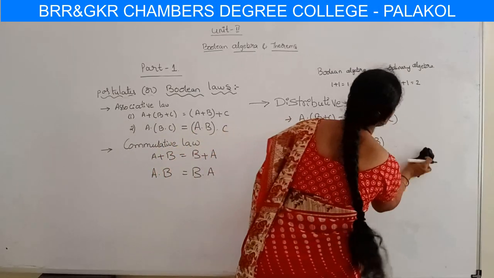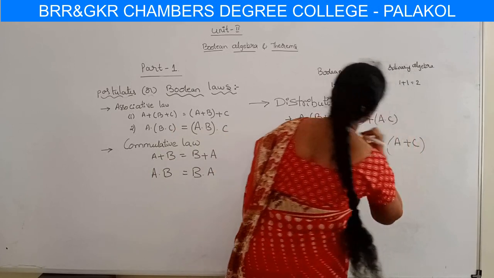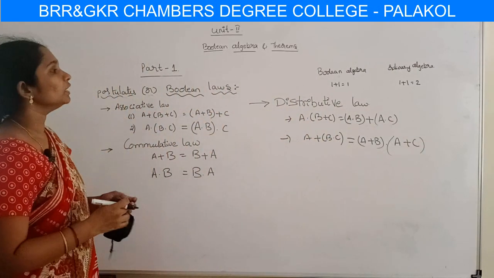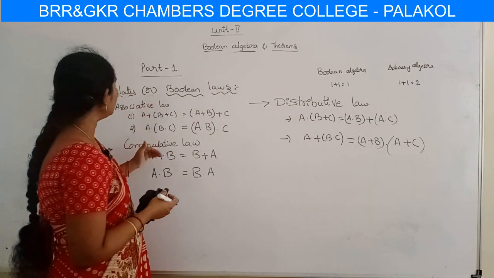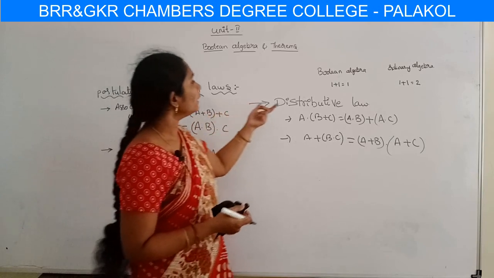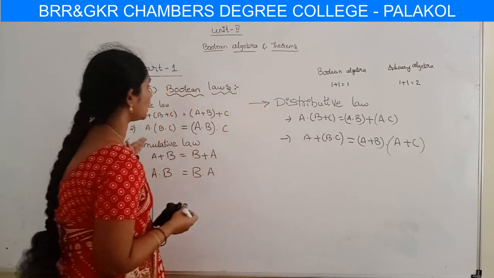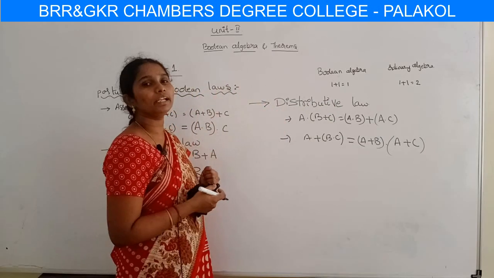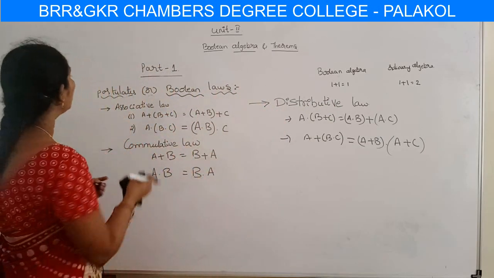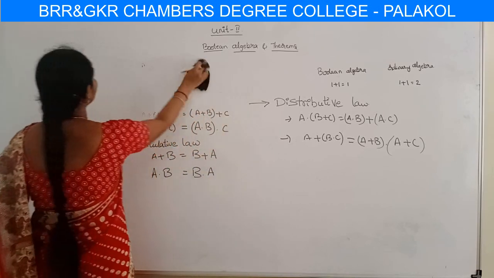So these are the three laws: associative law, commutative law and distributive law. These laws are the same as in our ordinary algebra. Now we will move to another postulate.